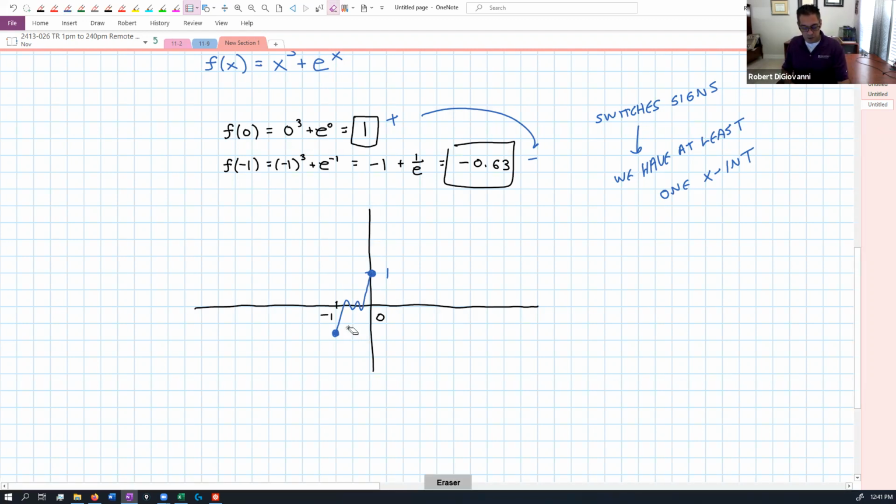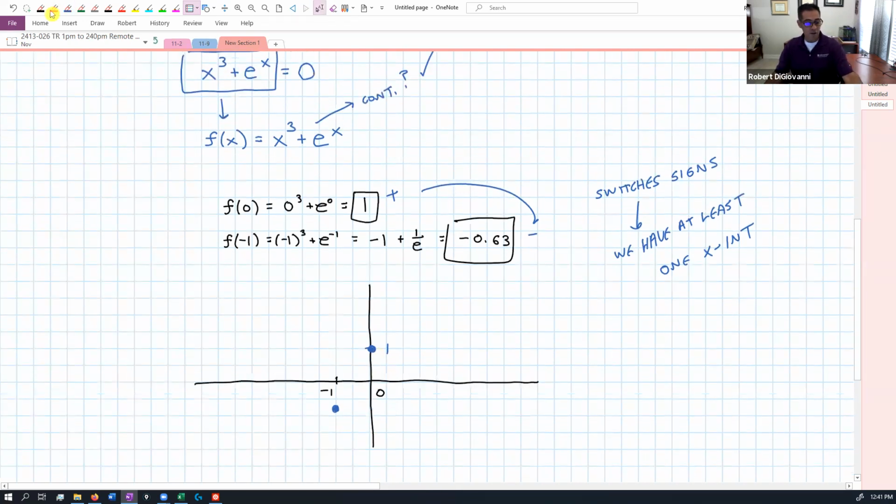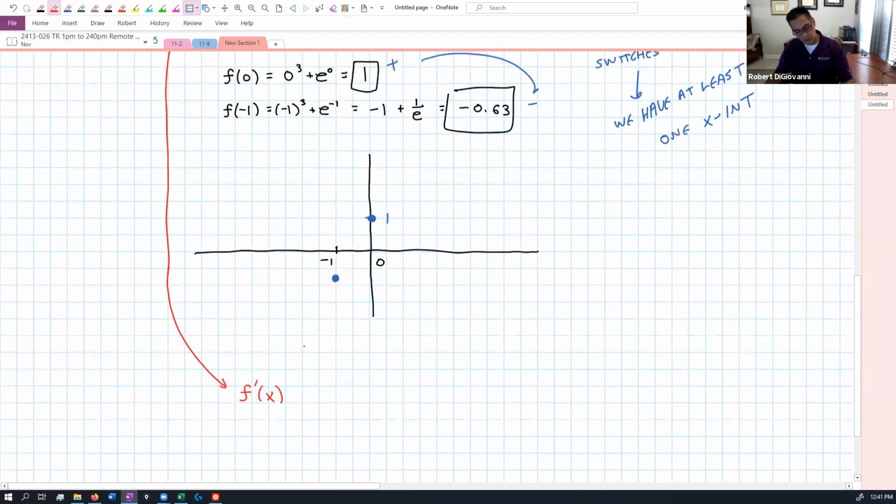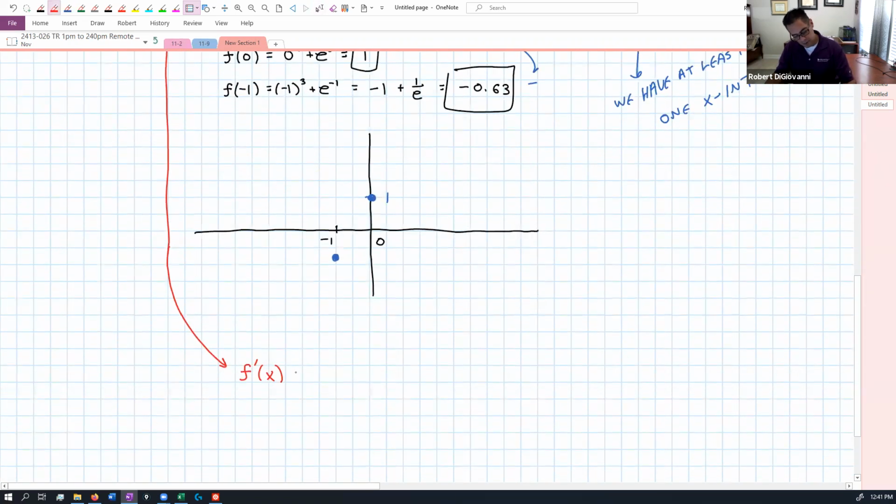The way I'm going to show it's only once is actually pretty clever. All I'm going to do is look at the derivative of this function. Take the derivative and you get 3x squared plus the derivative of e to the x, which is itself.